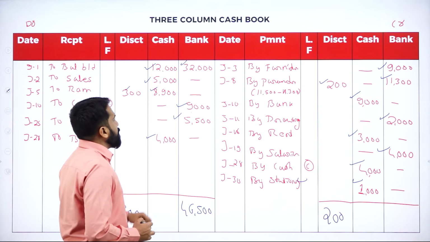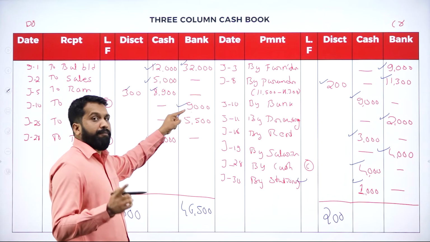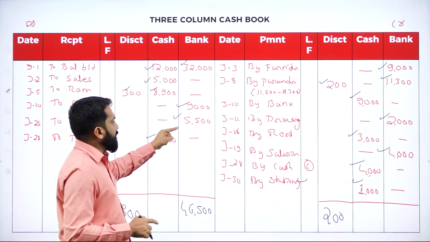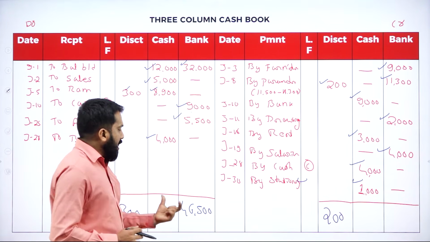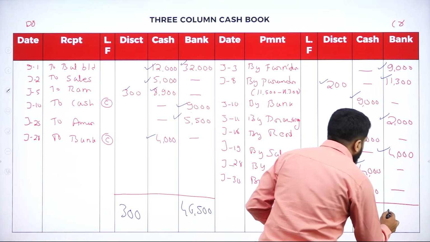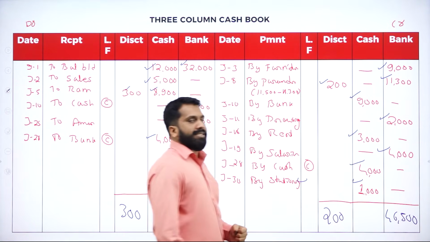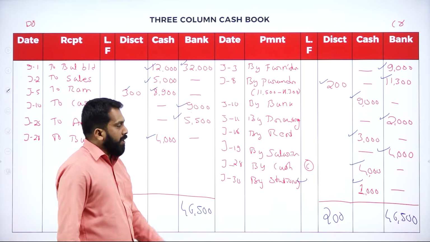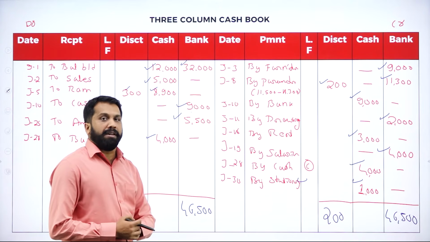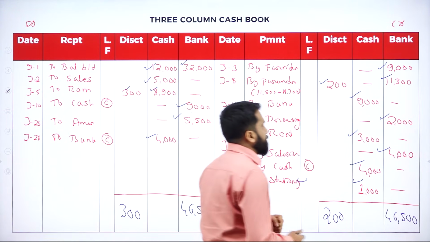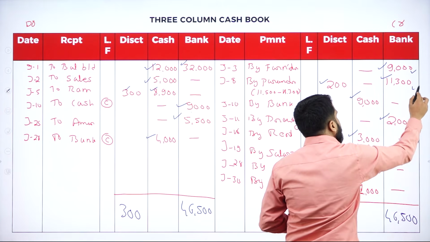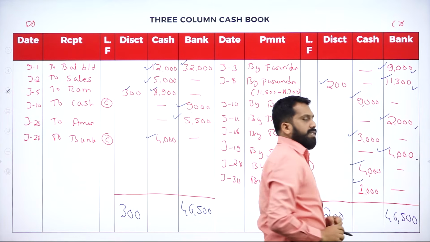Again, I'll repeat. 32 plus 9, 41 plus 5,500, 46,500. The higher value should be written here also: 46,500.